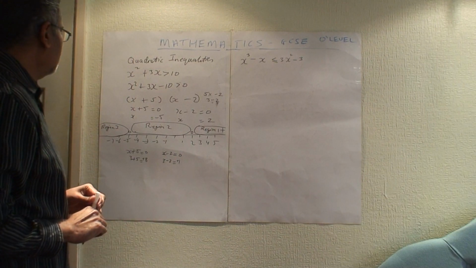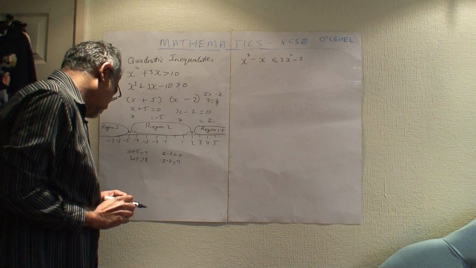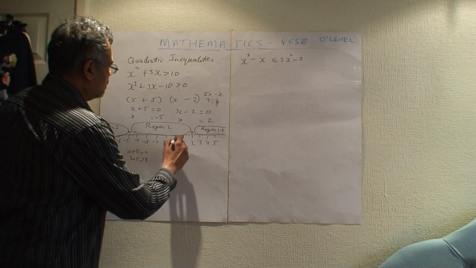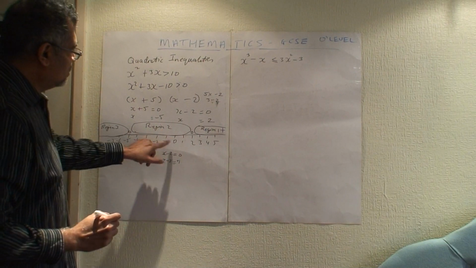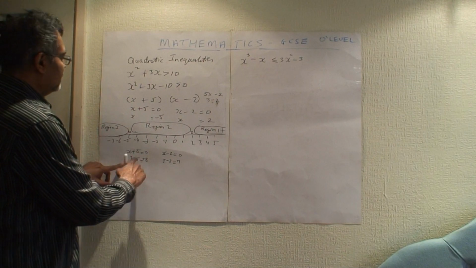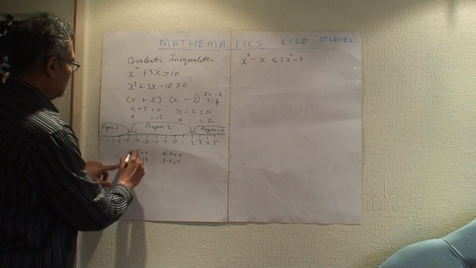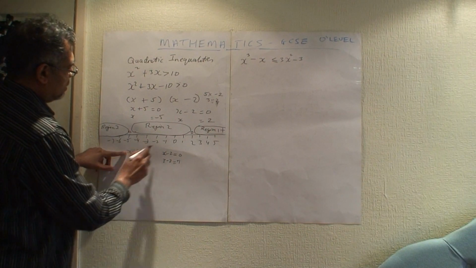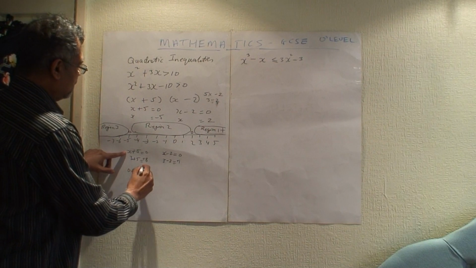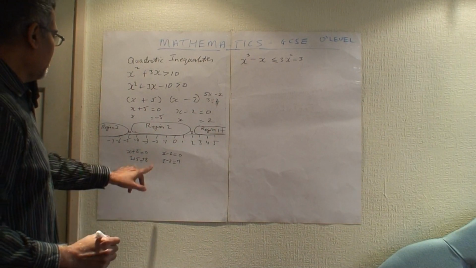Likewise, we try to find out about region 2. For region 2, we can use 0, because 0 is in region 2. If x is 0, substituting the 0 here, 0 plus 5 is equal to 5, so that's a positive value so far.